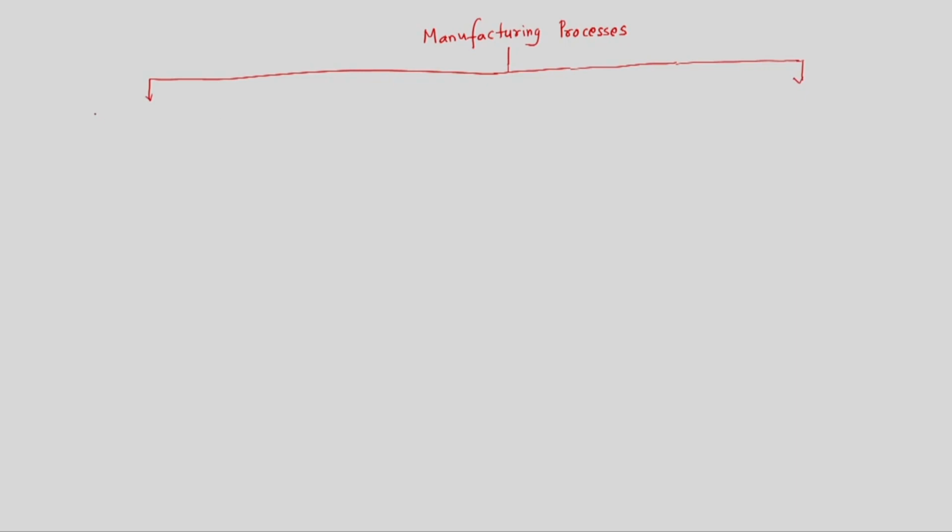The first set of operations are related to the processing, or we can say these are the transformation operations, transformation processes. The transformation of material will be carried out by using these operations. And the second set of operations are related to the assembly of parts. So, assembly operations, that is the second group.